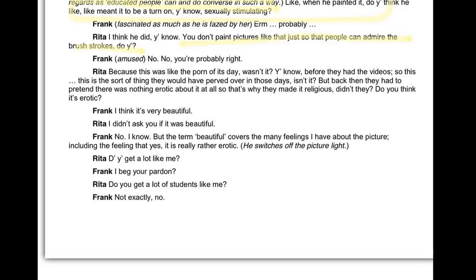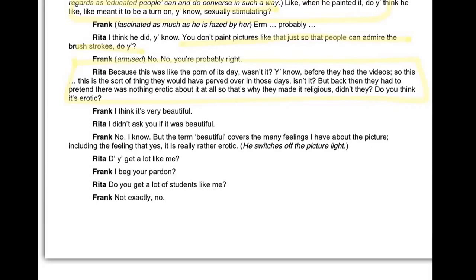And what we've got here is Rita taking this nude painting, which we imagine will be quite artistic. We've seen many of them in art galleries around the place, but she brings it down to earth with a logic that can't be challenged, and it's almost challenging all of those artifacts, all of those objects that mark out higher class and educated people.